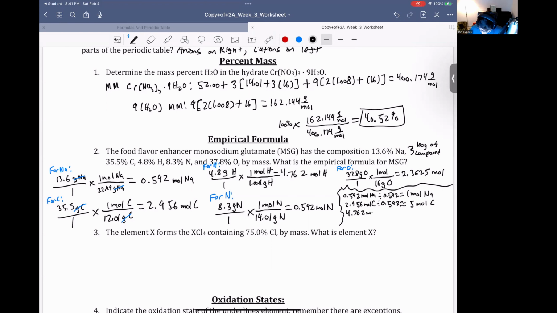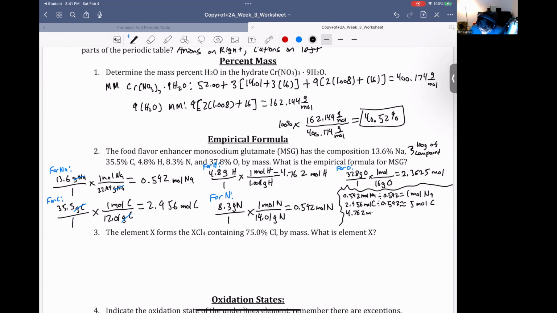And then last for oxygen, 2.363 moles of oxygen divided by 0.592. This is about 4 moles of oxygen. So now this is nice.